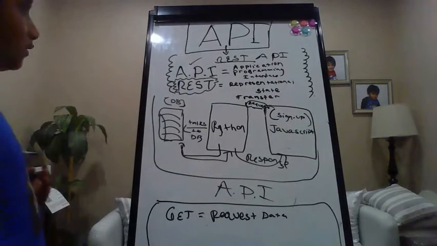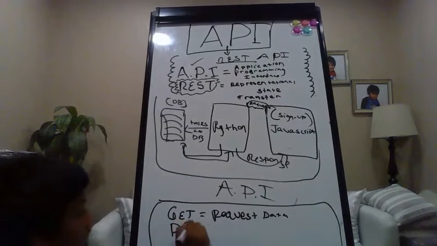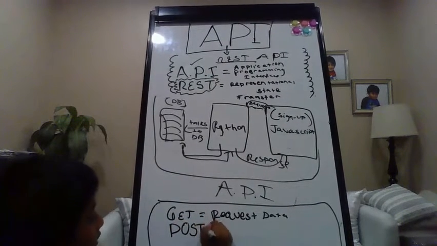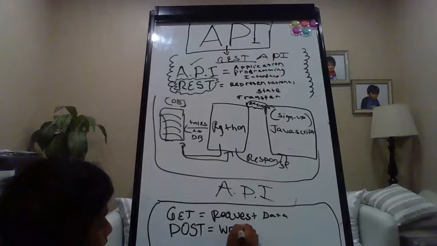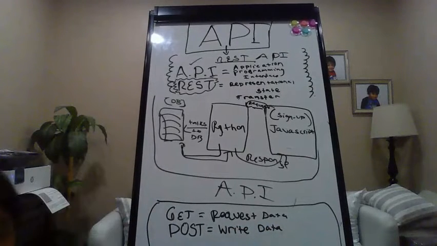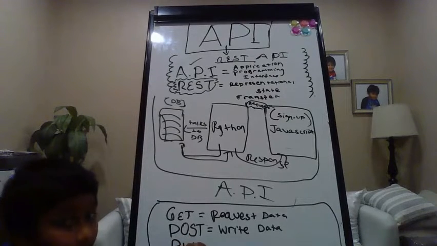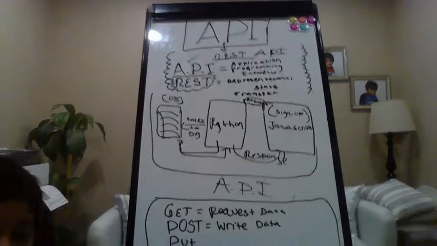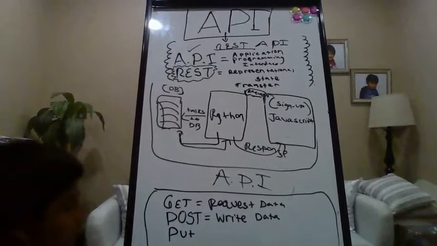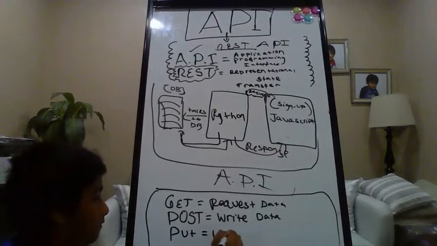Our next one is a post, and this allows us to write data. Our third one is a put, and this allows us to update data.